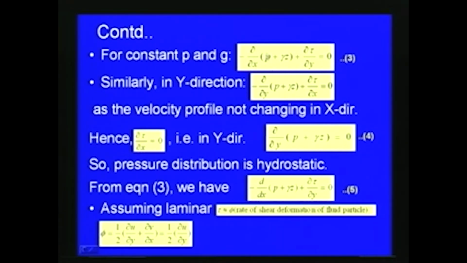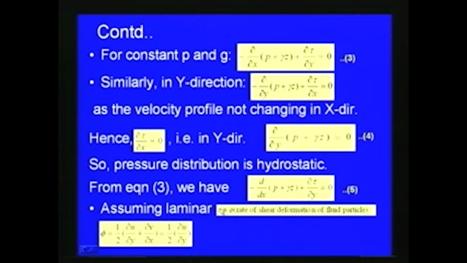Now, as far as equation 3 is concerned, the pressure is varying only with respect to x. So, we can write minus d by dx of (p plus gamma z), plus del tau by del y is equal to 0, as in equation number 5. Here, we are assuming the flow is laminar, so the shear stress is approximately equal to the rate of shear deformation of the fluid particle.